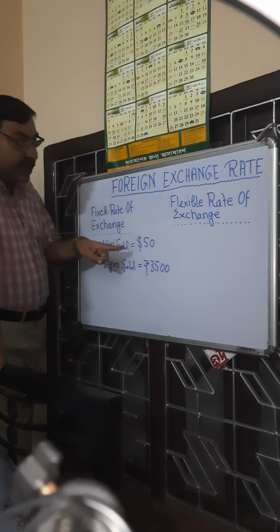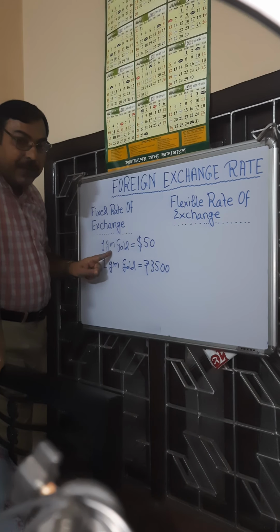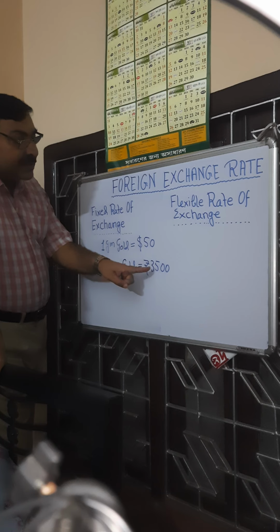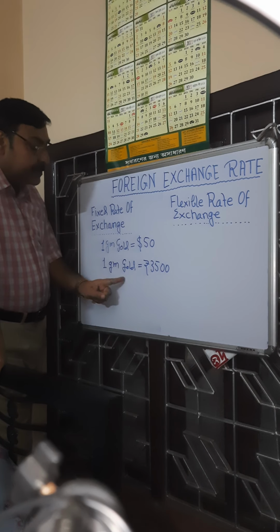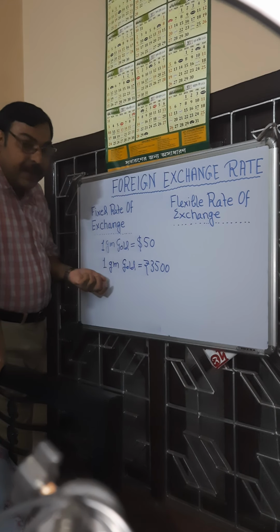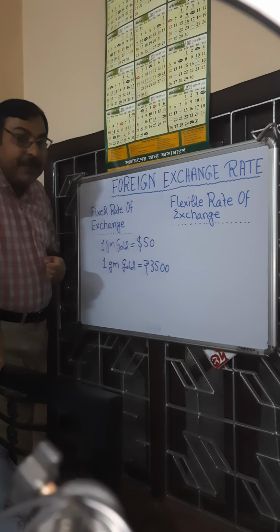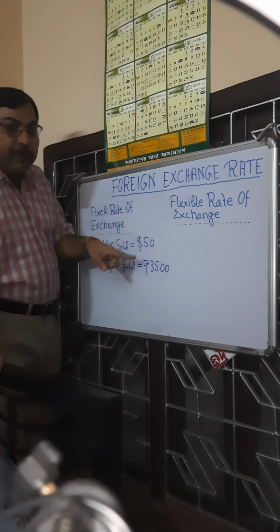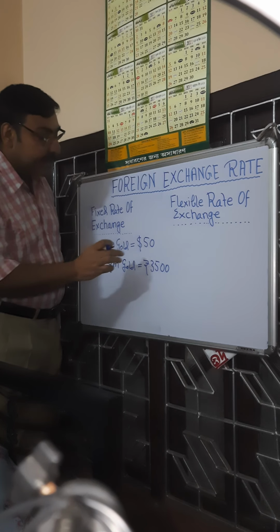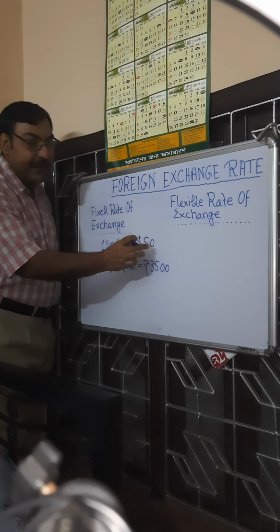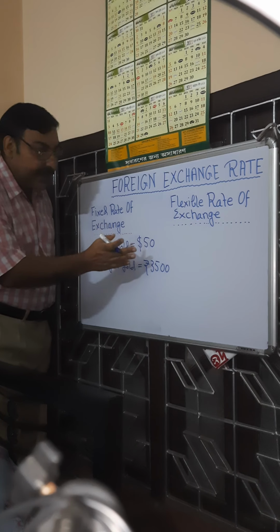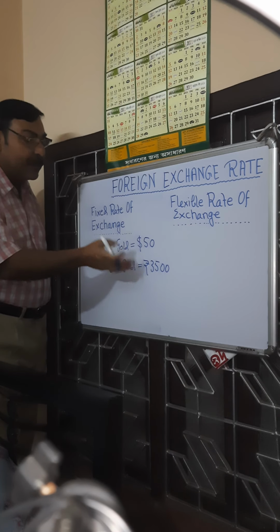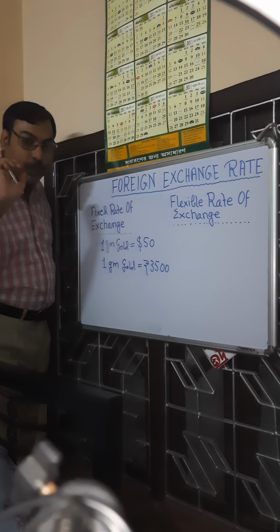So $50 will give you 1 gram gold, and also rupees 3500 gives you 1 gram gold in India, where rupee is the currency. So observing these equations, we can write $50 is equal to rupees 3500, because both of them will give you 1 gram gold.